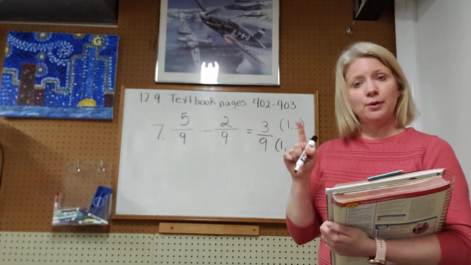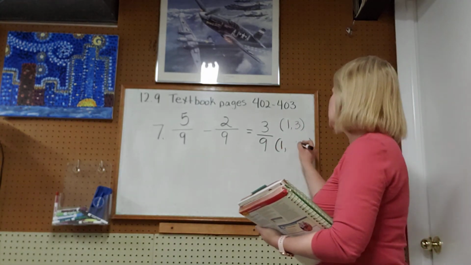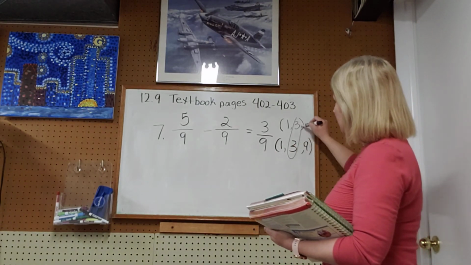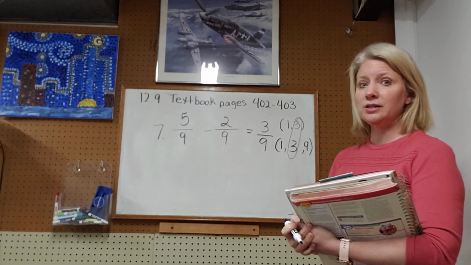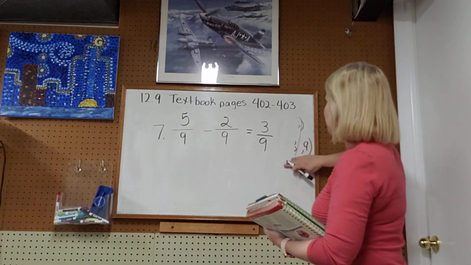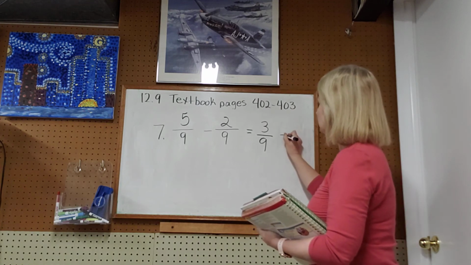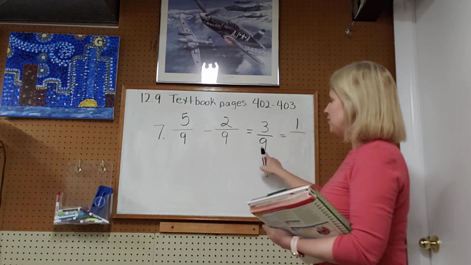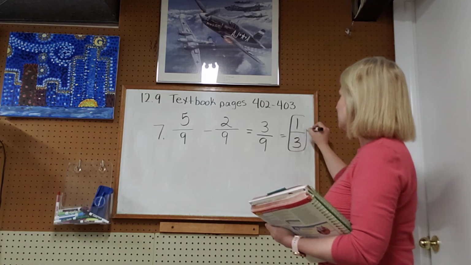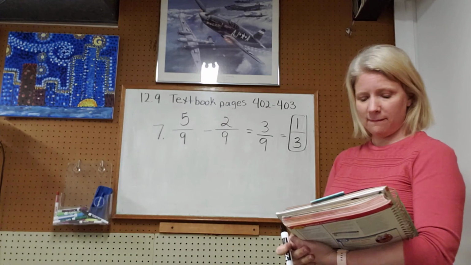So you don't write the number 3 twice, you just write it once. And you can see 3 is a common factor, so you can divide them both by 3. So 3 divided by 3 is 1, and 9 divided by 3 is 3. So the simplest form is 1/3 for number 7.